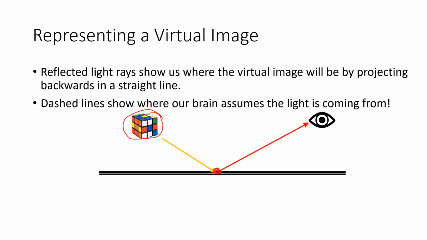And then, because of the distance that the light travels, our eyes are going to perceive that the object is way back here behind the surface of the mirror or the lake or whatever it is that's reflecting the light. So we usually represent any of these virtual light rays with a dashed line and actual light rays with a solid line.